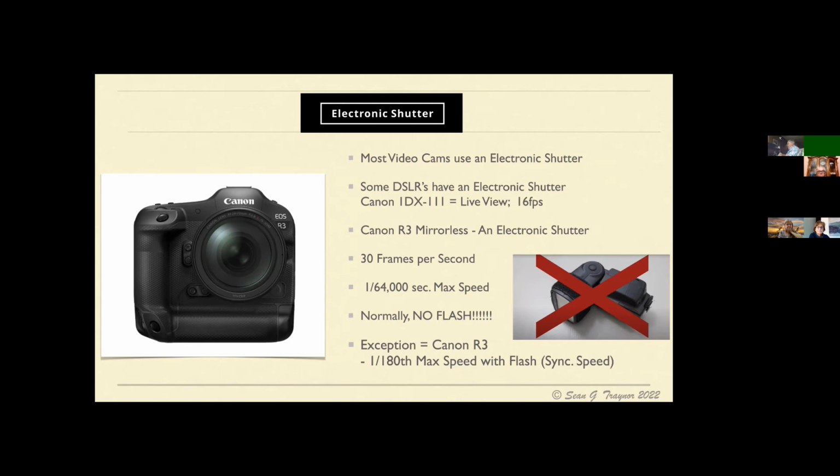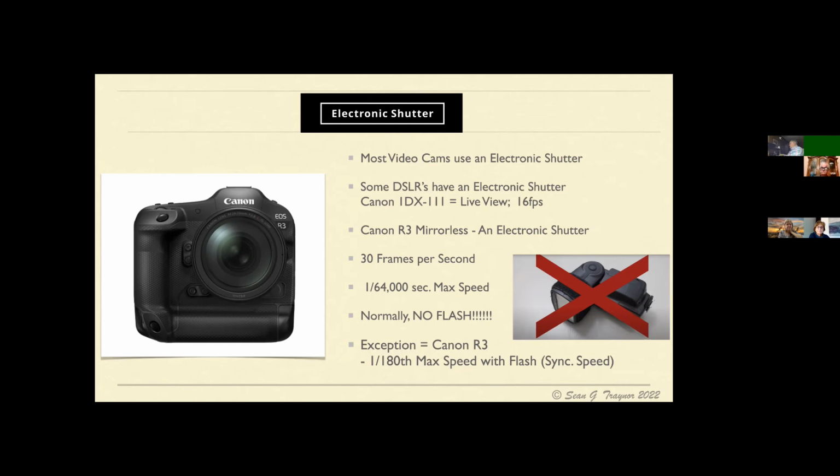And normally, by the way, cameras with electronic shutters cannot take flash. And the reason will become obvious in a moment. So when we use our mirrorless camera in electronic mode, flash doesn't work. The reason I have chosen to share with you about the Canon R3 is that this is now the new exception.